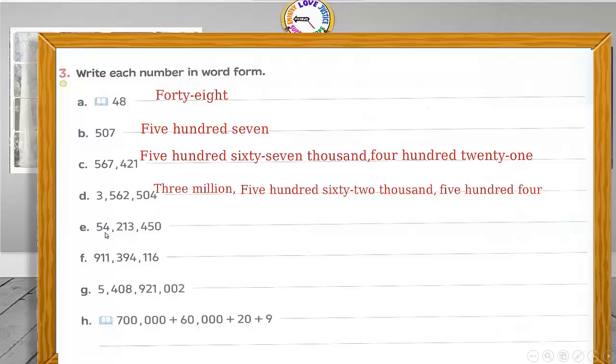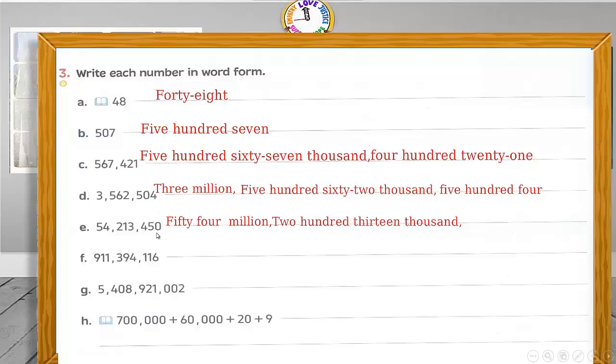54 million. In the first period, 54 million. Right? 54 million. In the next period, we have 213,000. 213,000. 450 in the last period, 450. So you should read each period.